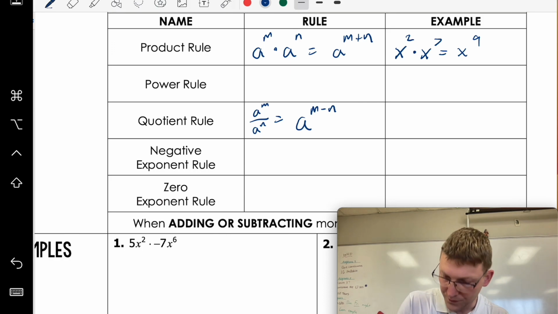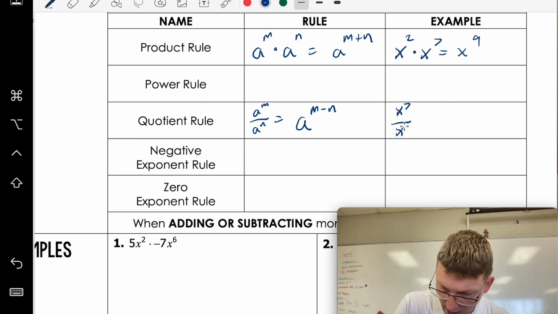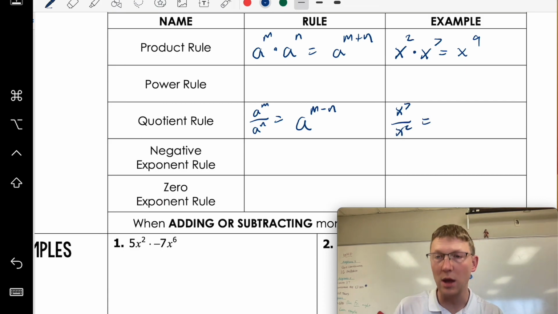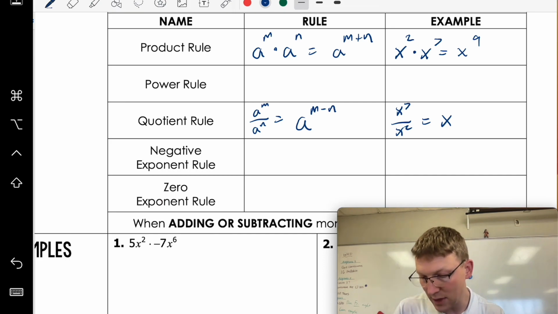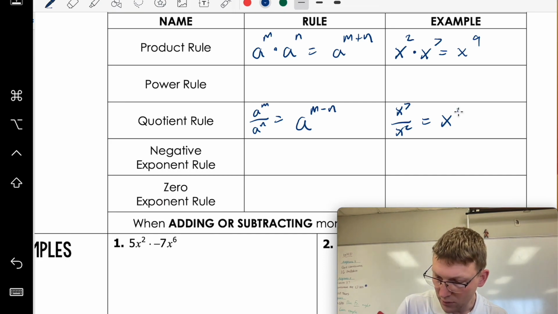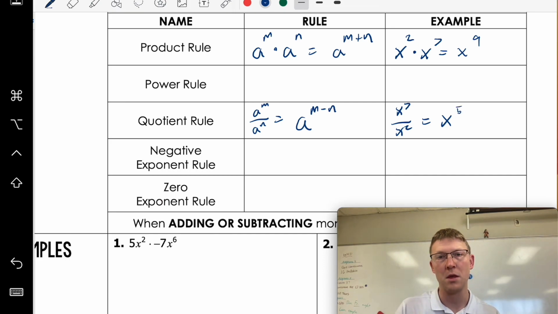For example, x^7 over x^2 is equal to x raised to the power of 7 minus 2. So 7, 6, 5. So x to the 5th.